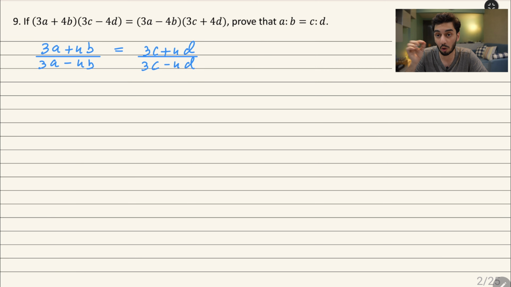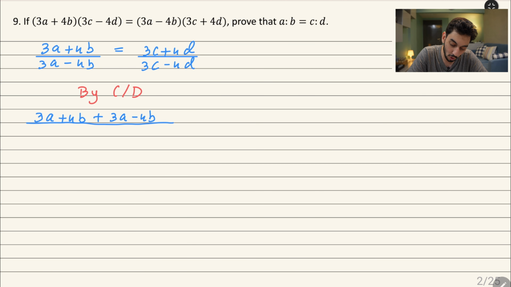Now I'll be using componendo dividendo over here. Okay, so I'll write by cd. In the examination obviously you have to write by componendo dividendo completely. Now componendo dividendo says numerator plus denominator upon numerator minus the denominator. So this is (3a + 4b), that's the numerator, plus the denominator which is (3a - 4b), upon numerator minus the denominator. So (3a + 4b) minus the denominator which is (3a - 4b).